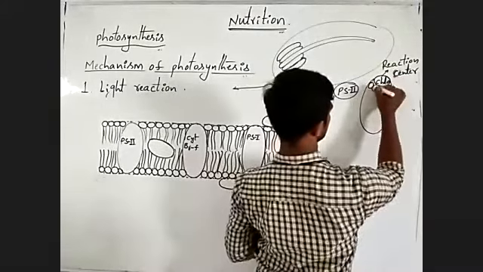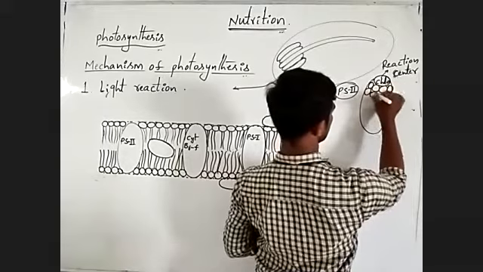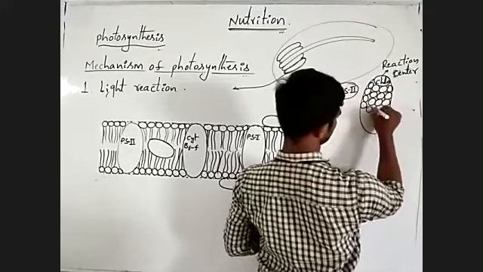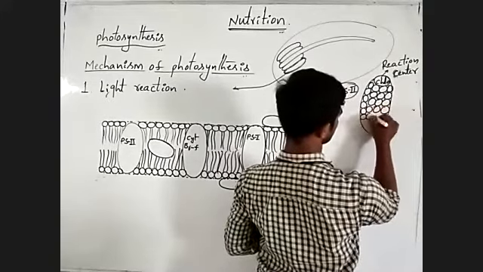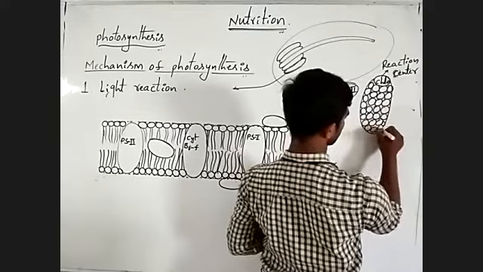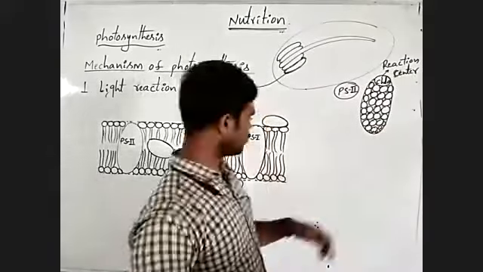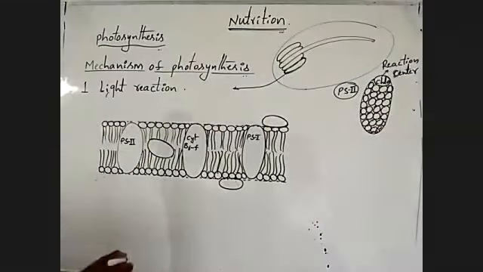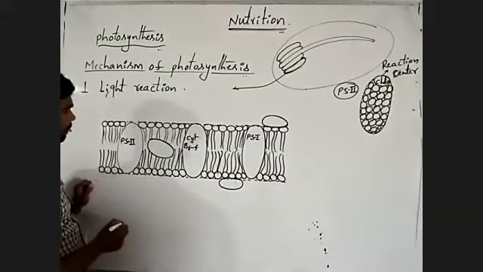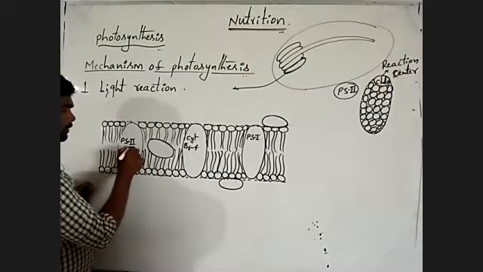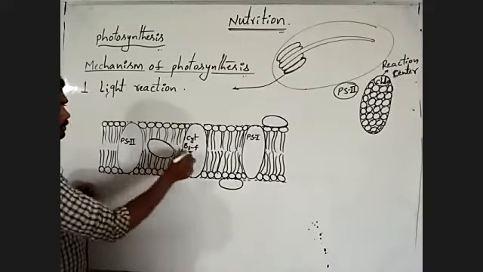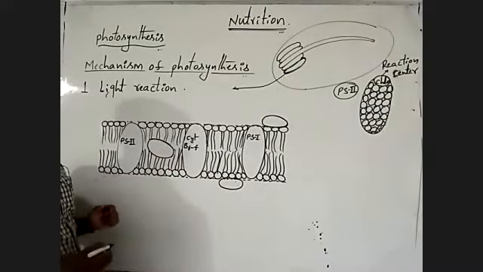Next, all the other photosynthetic pigment molecules are grouped in this photosystem. This is the light harvesting complex. Around this light harvesting complex, there are a number of other membrane proteins.